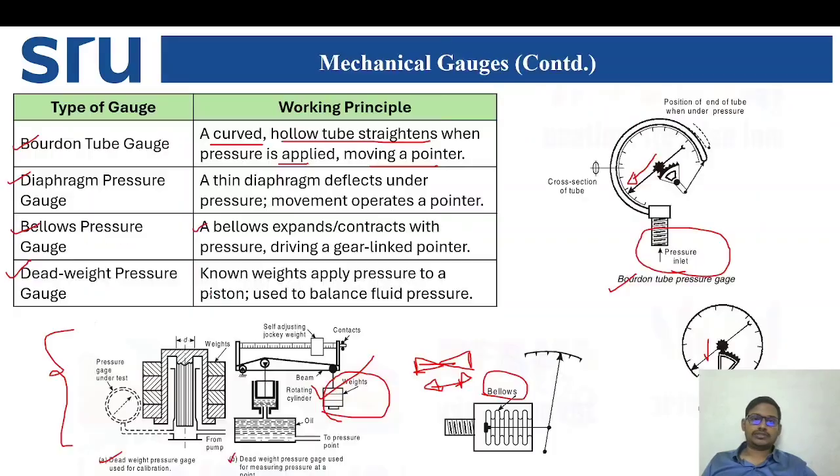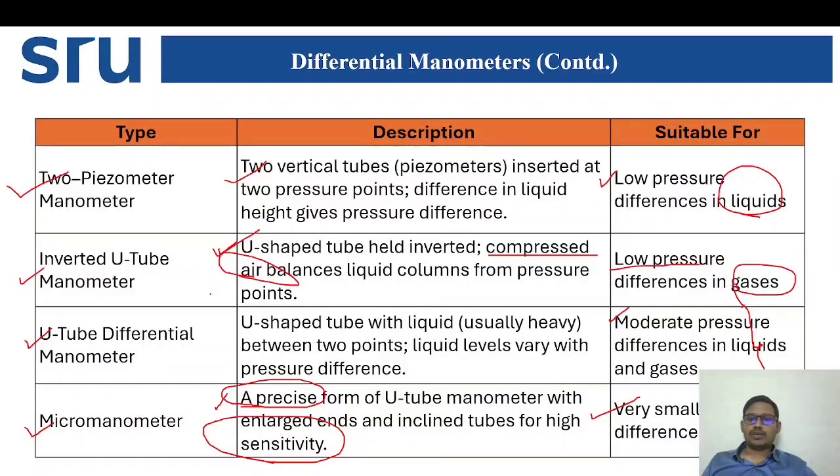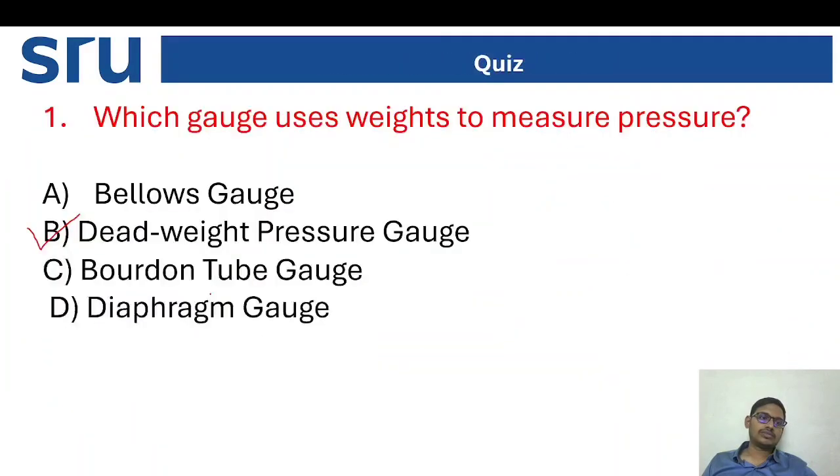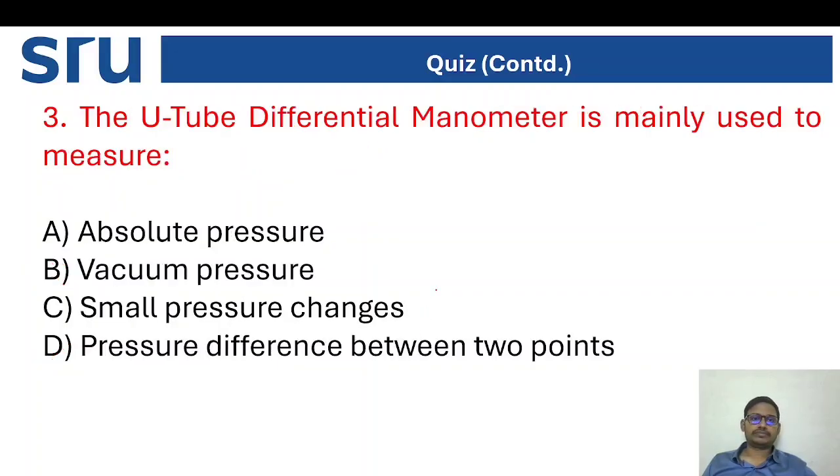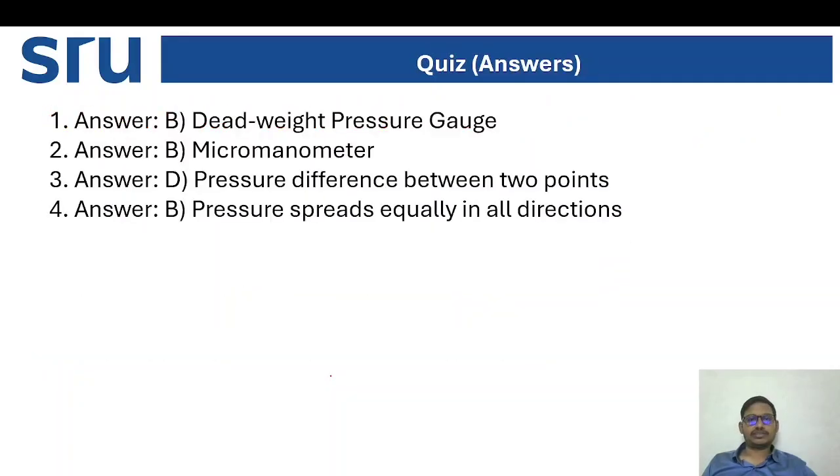This is low differential pressures in liquids or gases, so you have to go with 2 piezometers. The U-tube differential manometer is mainly used to measure pressure difference between 2 points. That is what is mentioned here.